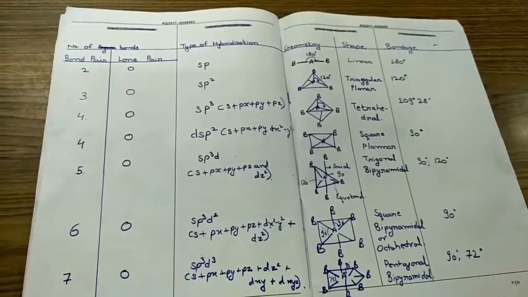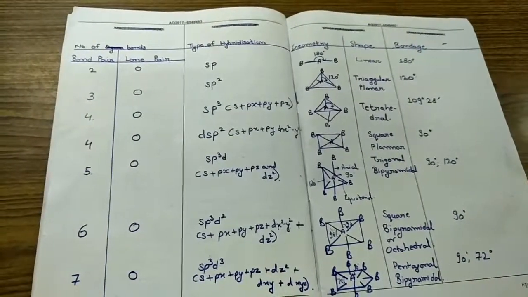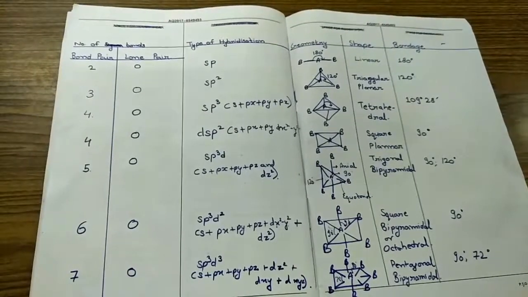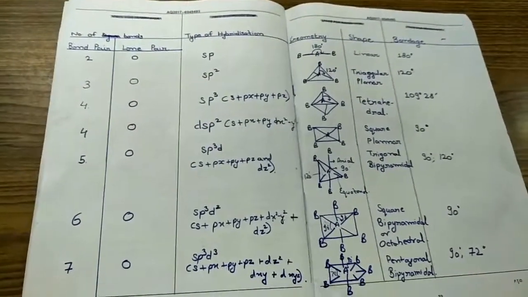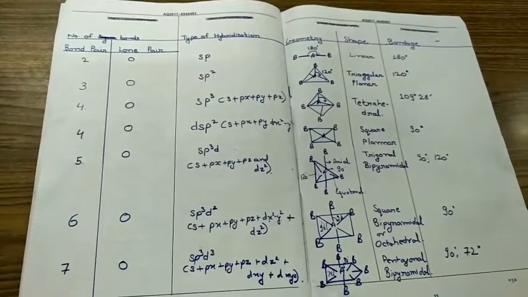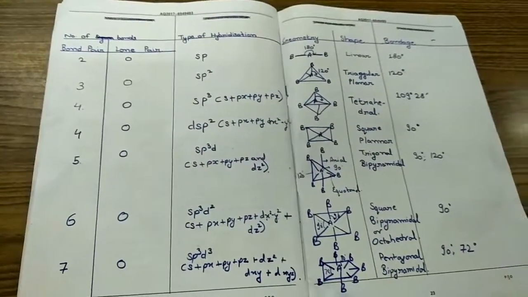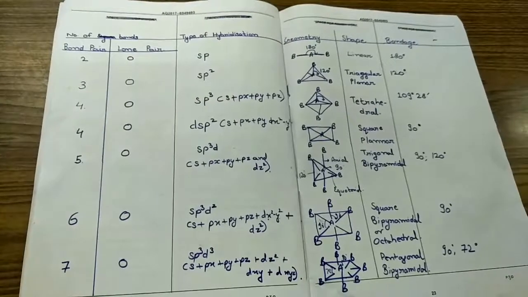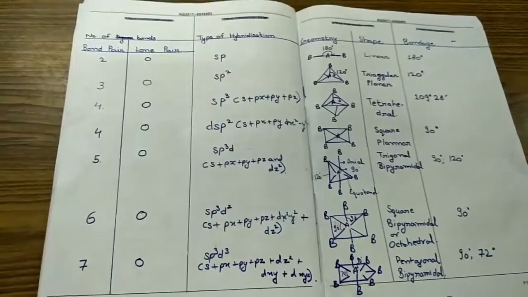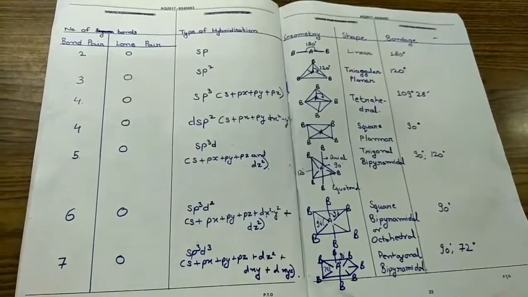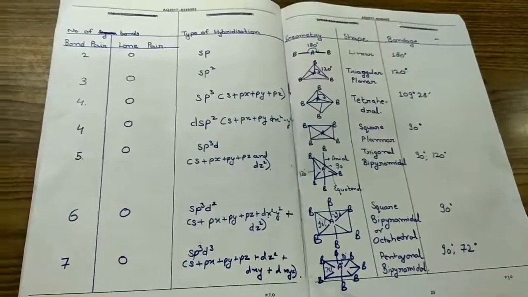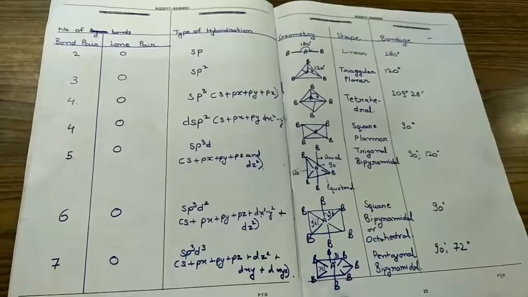Then 4 bond pairs, 0 lone pairs, it is dsp2. Here s plus px plus py and dx square y square. The shape is square planar and the angle is 90 degrees. Then we have 5 bond pairs. It is sp3d, s plus px plus py plus pz and dz square. Here we have trigonal bipyramidal shape and the angles are 90 degrees and 120 degrees.